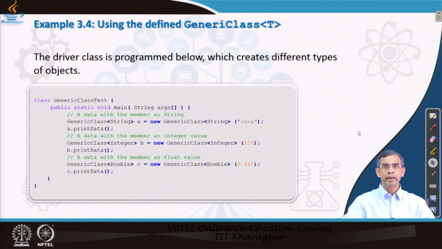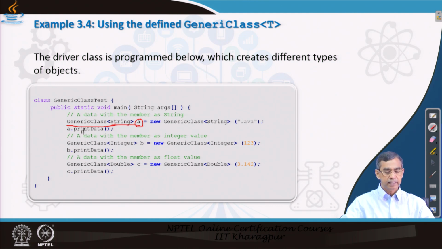And this is the main method which utilizes the previous declaration. Now, in this method, as we see, we create an object A. Here we mention the template T as a string.